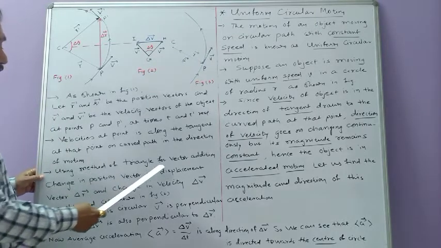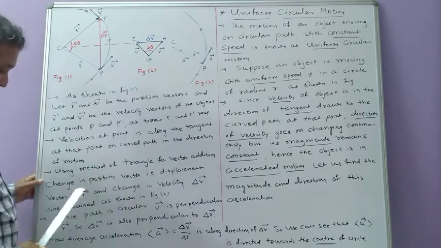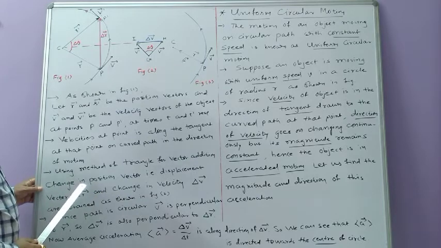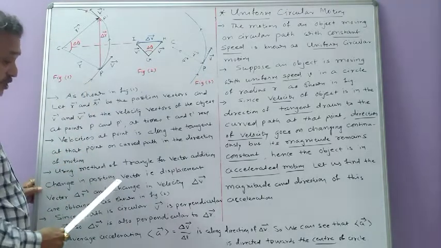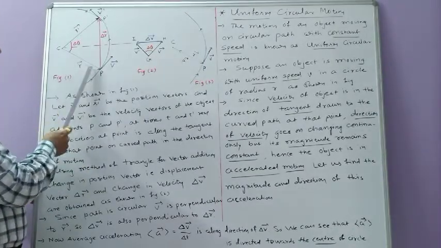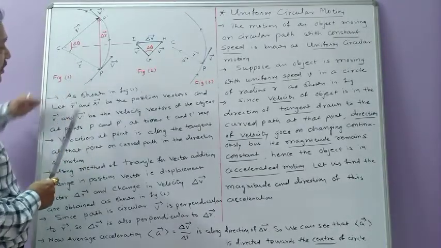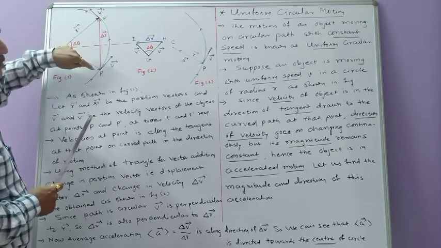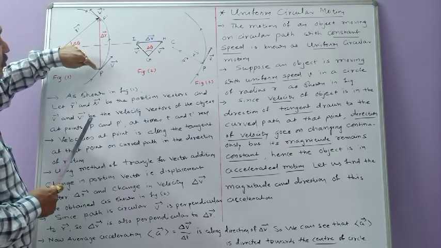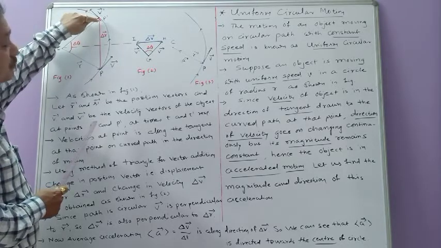Using the method of triangle for vector addition, now we obtain the sum of the two vectors. So this is vector r, this is vector r dash. From the tail of the first vector, you join the point with P dash, and put the arrow at P dash.